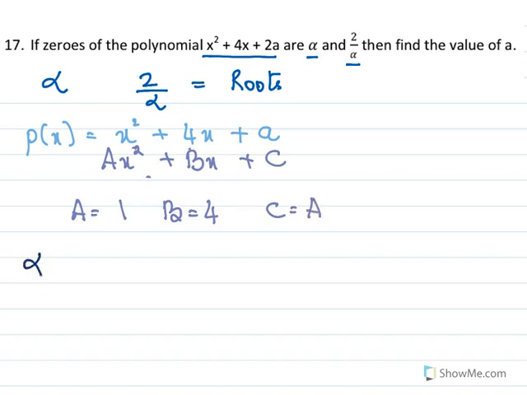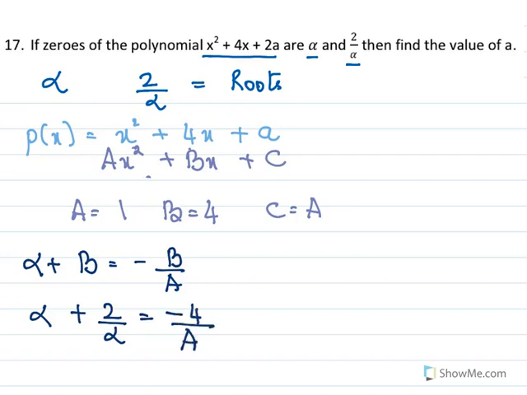Now we know the formula, the sum of roots alpha plus beta is minus B by A. Now the alpha here is our alpha and this is our beta. So we have alpha plus 2 over alpha is minus B by A, minus 4 by 1.